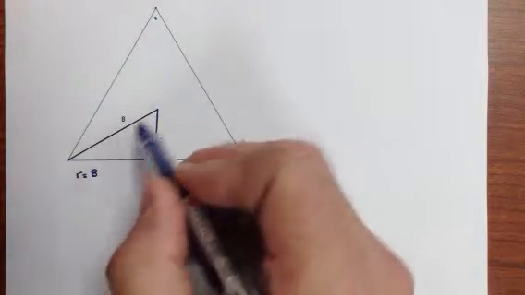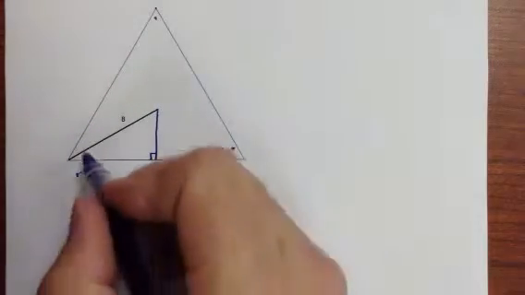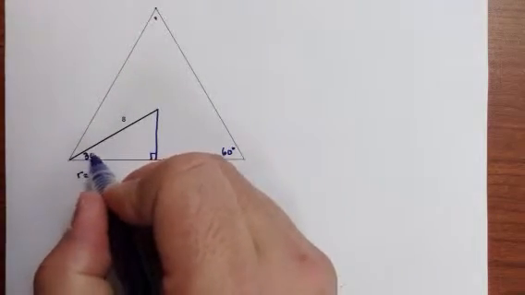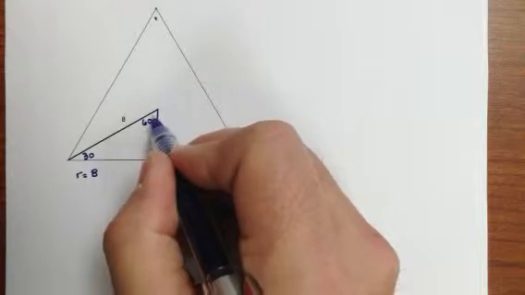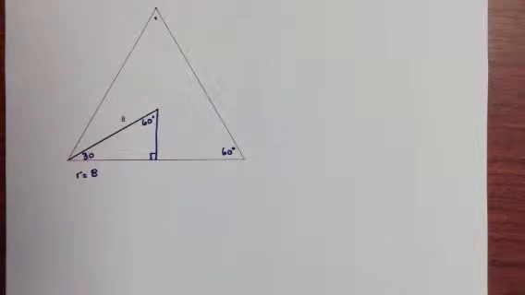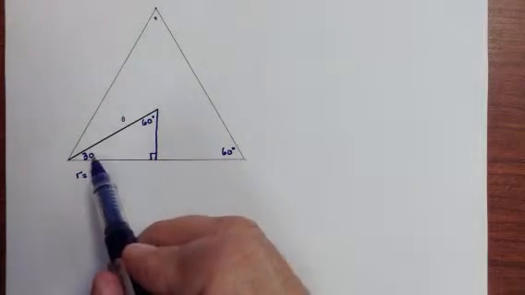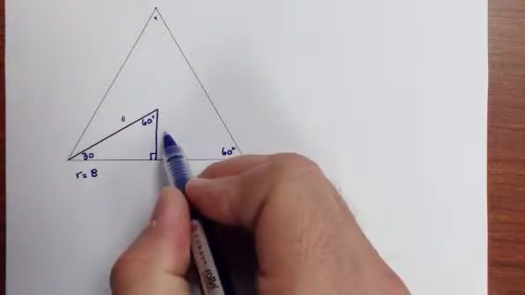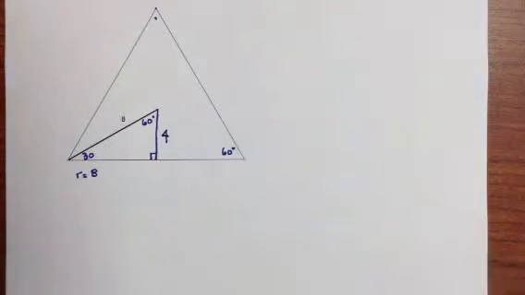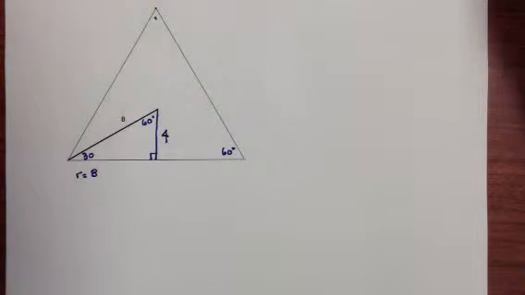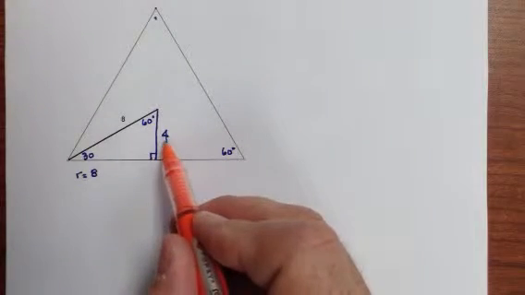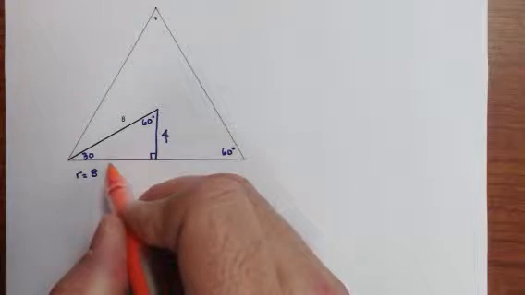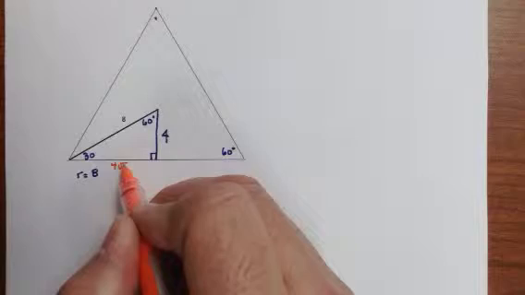The radius bisects, creating a 30, 60, 90. Here's 30. 8's the hypotenuse. So we have the short side being 4. In this case, it's the apothem. The apothem is 4. And short side, long side, so the long side is going to be 4 radical 3.